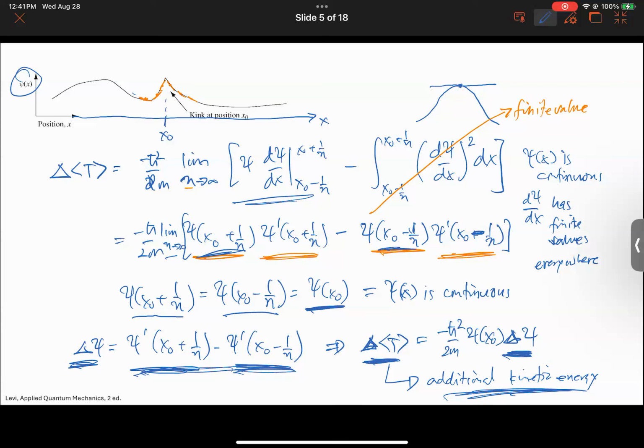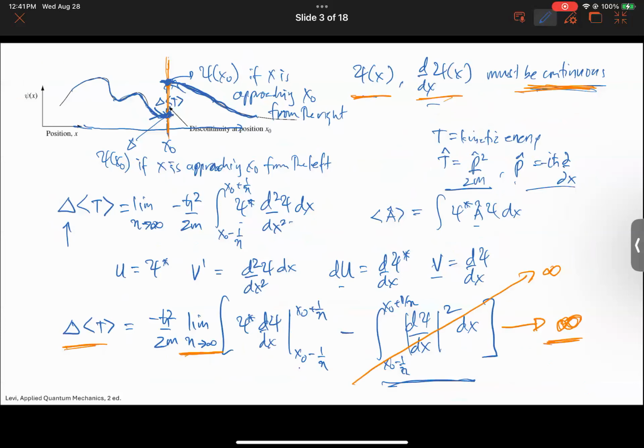So that's why we impose na yung derivative ng psi with respect to x must also be continuous. Okay? Now, itong concept na ito na continuity ng psi of x tsaka ng d psi of x ay gagamitin natin pag nagsosolve na tayo ng Schrödinger equation and we apply the boundary conditions dun sa system. Okay?